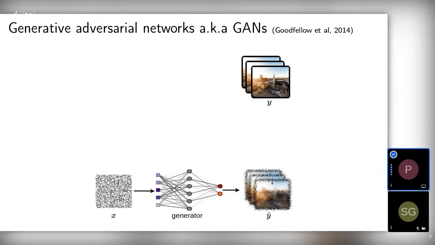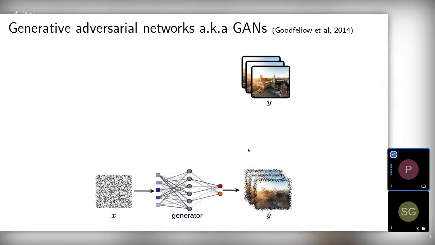But what you want the network to be producing are images like this that are nice and clean. And you need a way to tell the network to go from images that look really bad to images that look really good. Again, because these are images, it's very hard to write down a loss function that would tell you how different these images are. It's not easy to write down math for this.